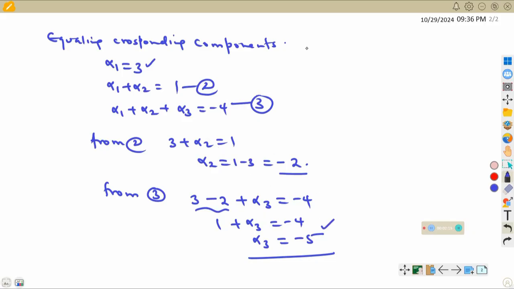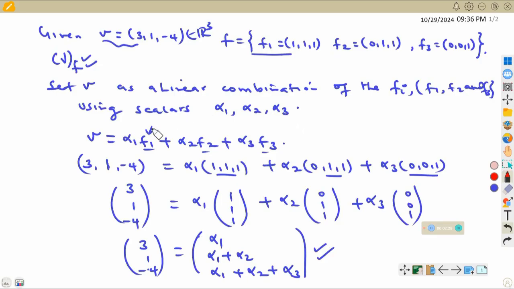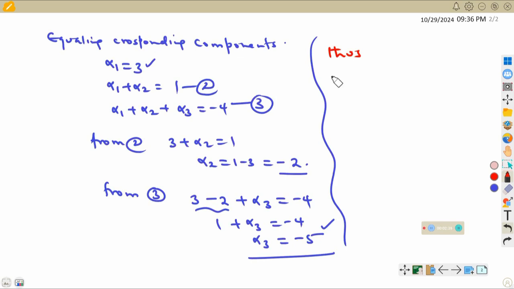As we said, v can now be written as a linear combination, that is alpha 1 f1 plus alpha 2 f2 plus alpha 3 f3.